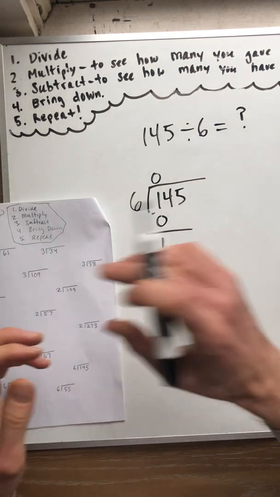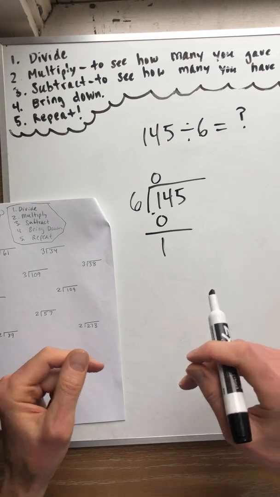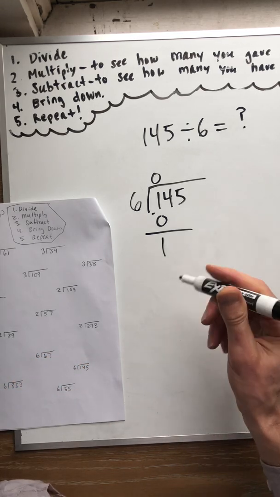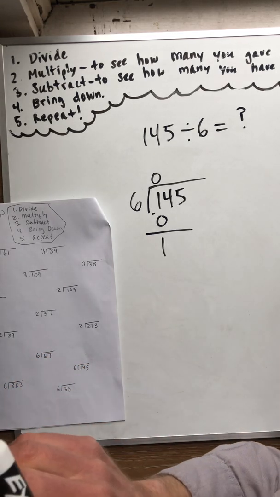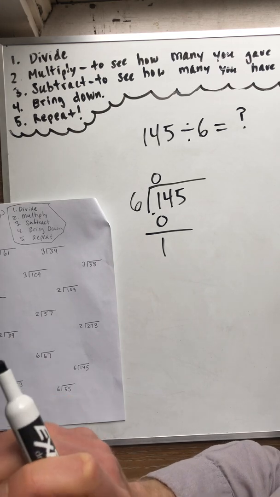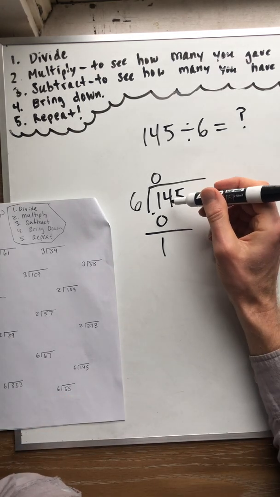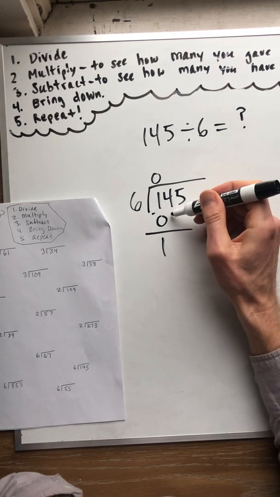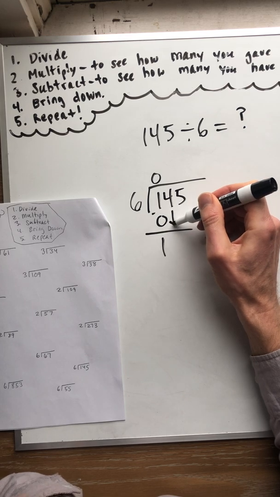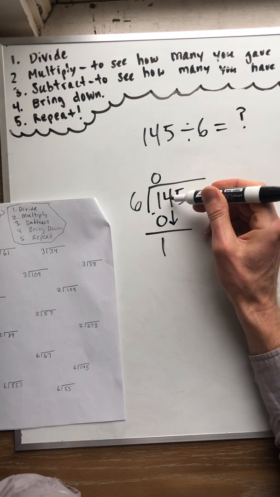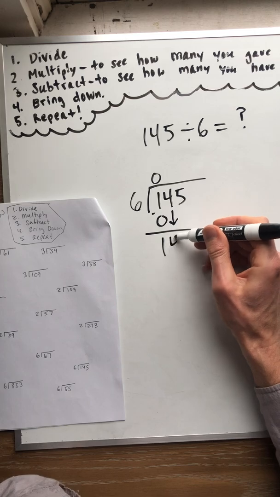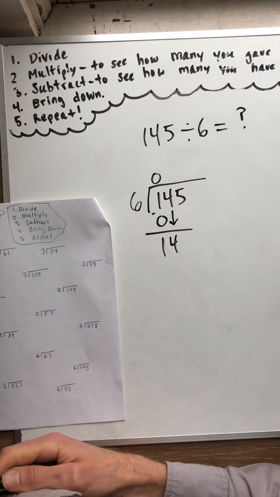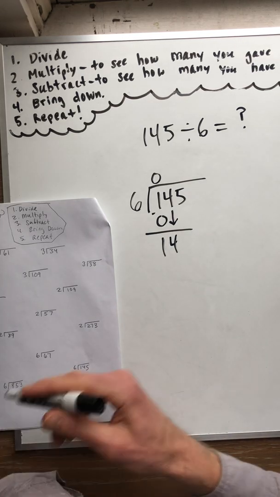So then you open up the box, and inside the box is 10 packs. Now you've got 10 packs, so now it's time for the 10s. You bring down the 10s here, and you got 14 packs.